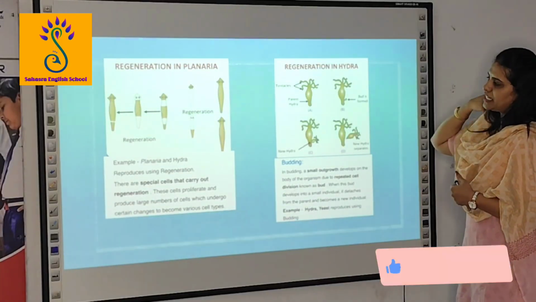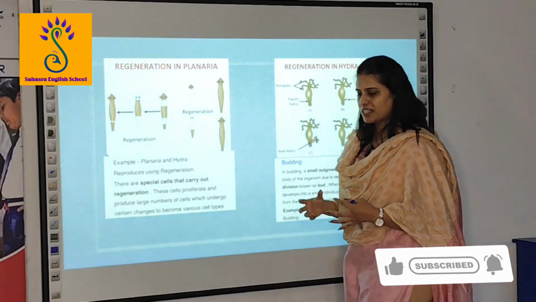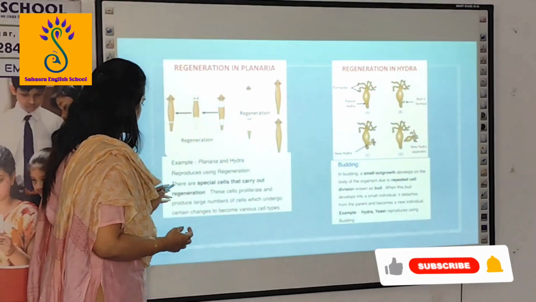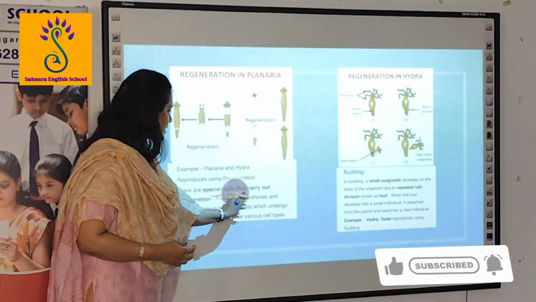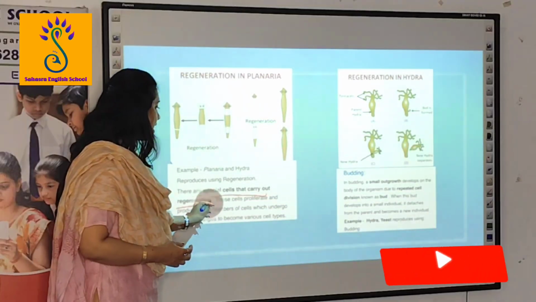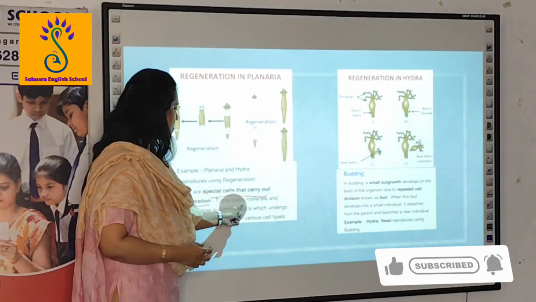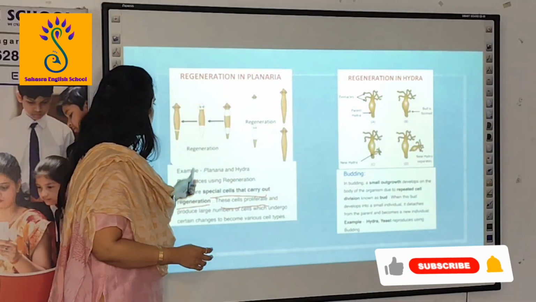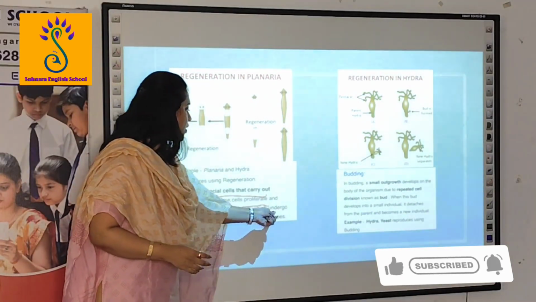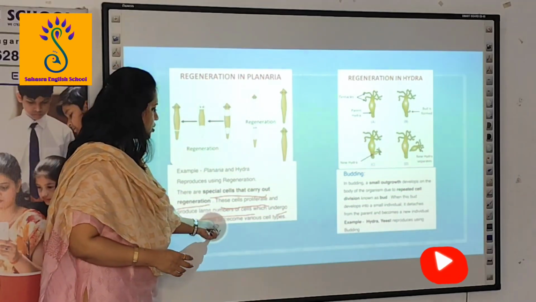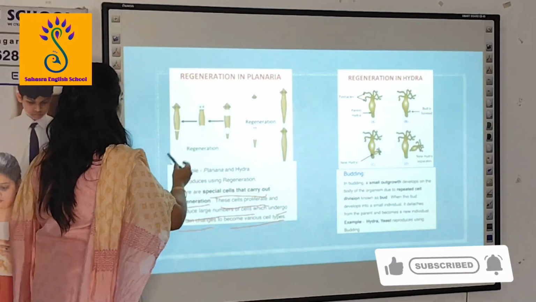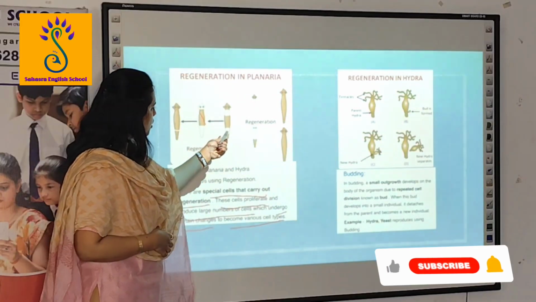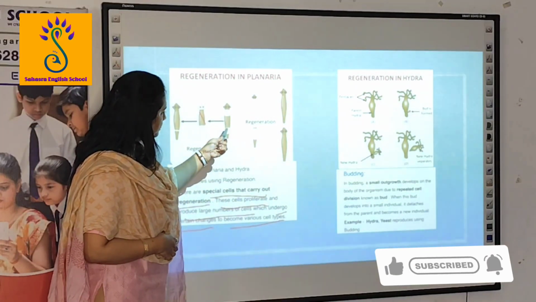Next, regeneration. Regeneration is a process where the parent has special cells that carry out regeneration. These cells proliferate and produce a large number of cells which undergo certain changes to become various cells. See, this cell is undergoing some changes. You can see the change over here.